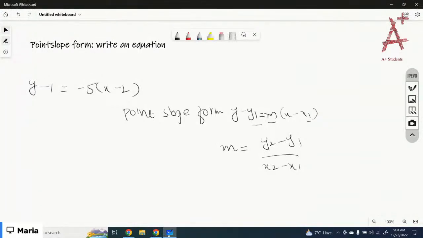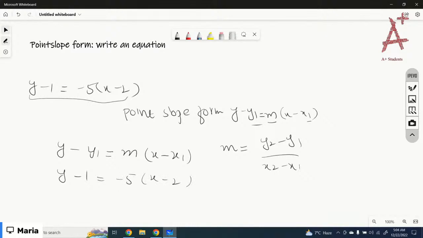If you equate this equation with the point slope form, it would be like this: y minus y1 equals m into x minus x1. Just equate both the equations. The given one, that is y minus 1 equals negative 5 times x minus 2. Here slope is m equals negative 5 and the point you have is x1 is 2 and y1 is 1. So here is the point and here is the slope.